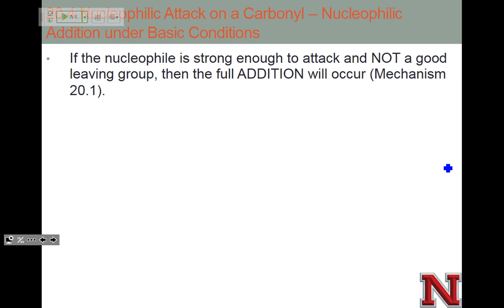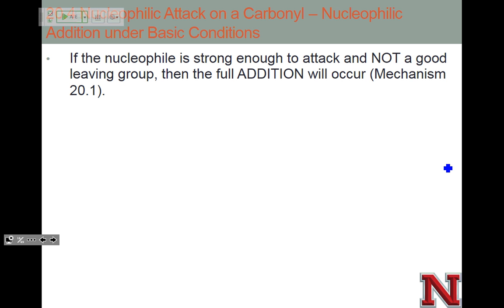If the nucleophile is strong enough to attack and not a good leaving group, then we'll get the full addition, which is what we've seen. Now, if the nucleophile is weaker and is an equal leaving group to our oxygen, then we have to consider that. So far, when we've looked at nucleophiles, we've looked at hydrides and our Grignard reagents. And neither of those, once they attack the carbon, are good leaving groups.